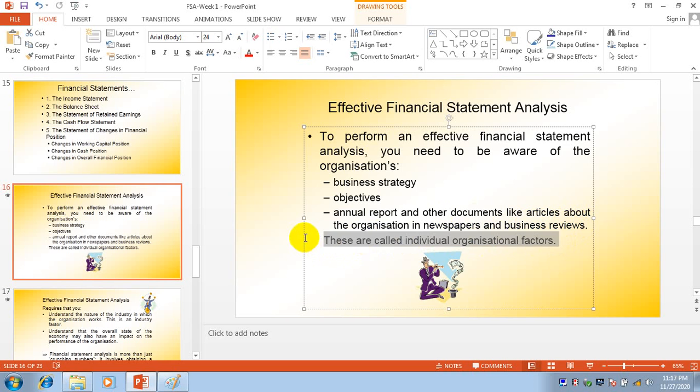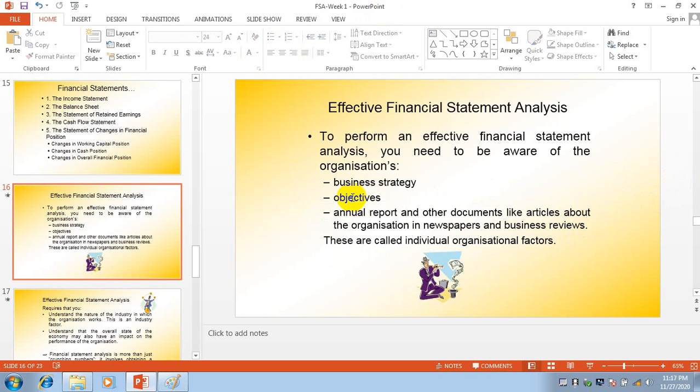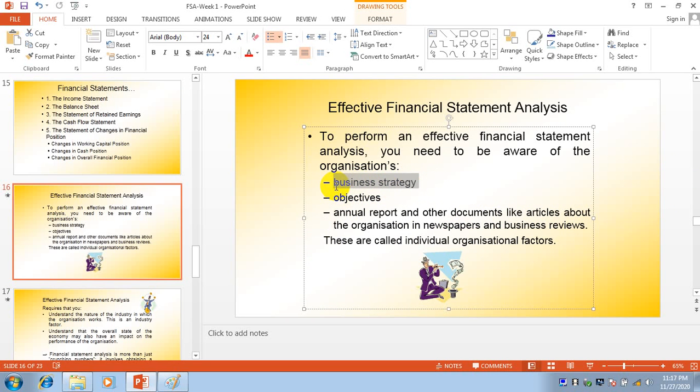Now keep in mind, in effective financial statement analysis, it is important that you have an idea about the business strategy. What is the strategy of the organization? What are the objectives of the firm? Detailed knowledge about the objectives of the firm. Annual reports of the firm and other documents like articles about the organization and newspapers.